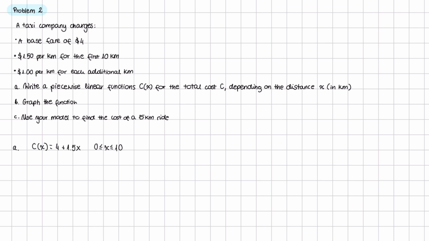So of course, we know that our x will be greater than 10 for our second function, and C, our total cost function, will for sure be 4 because it is a fixed cost, plus 1.5 because it's our cost for the first 10 kilometers.